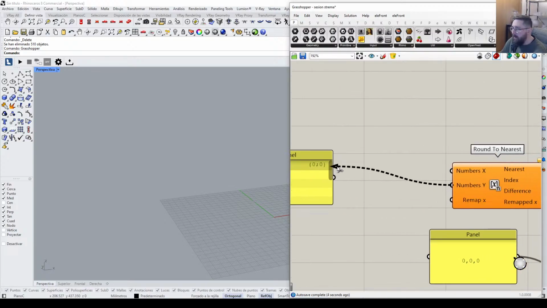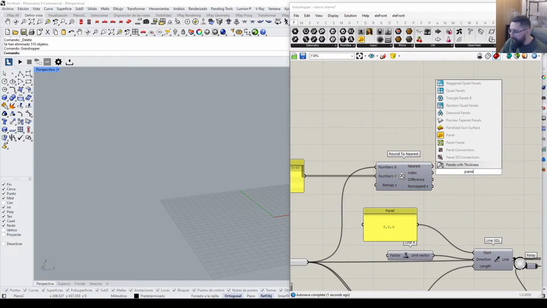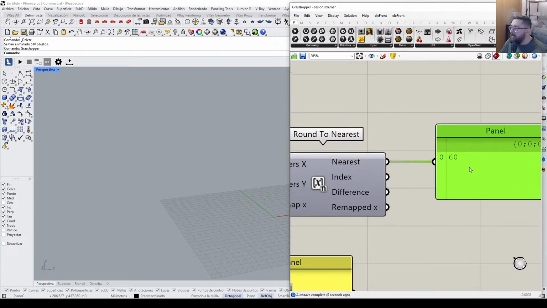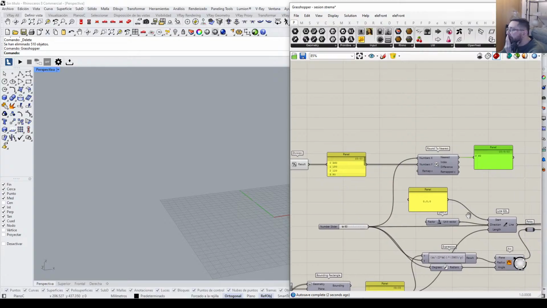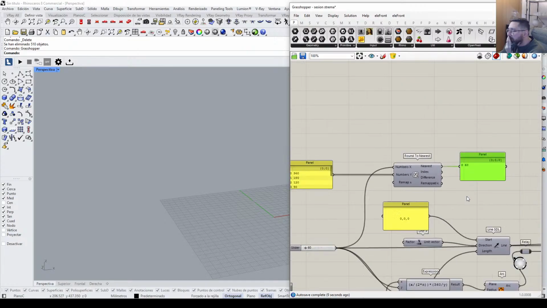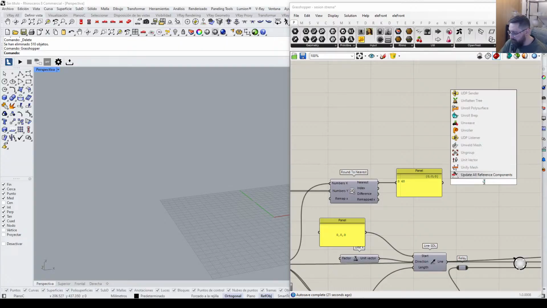Okay. Let me just test something out. Oh, for goodness' sake. Panel. Nearest 60. Okay, that does work. If I do it this way, I can control the distance between, subtraction.